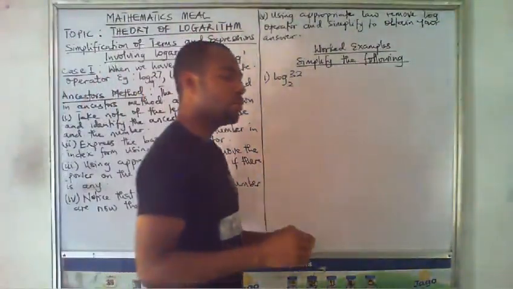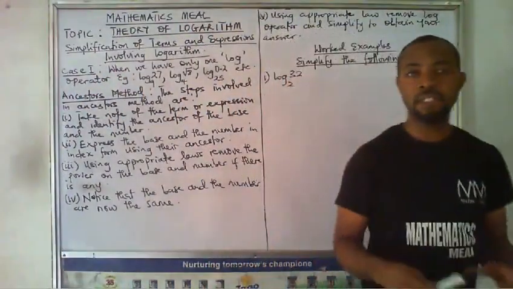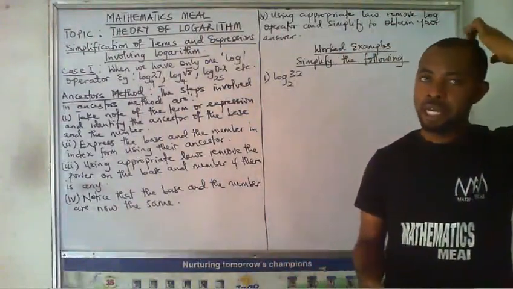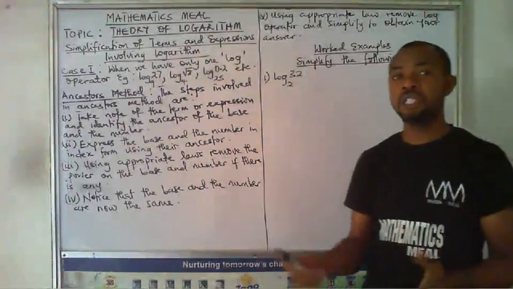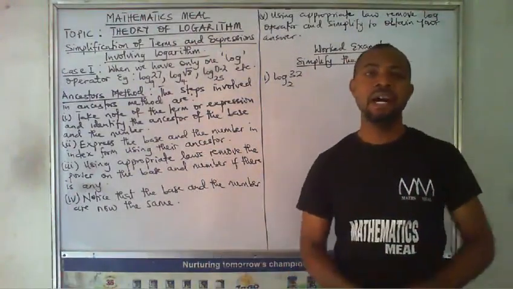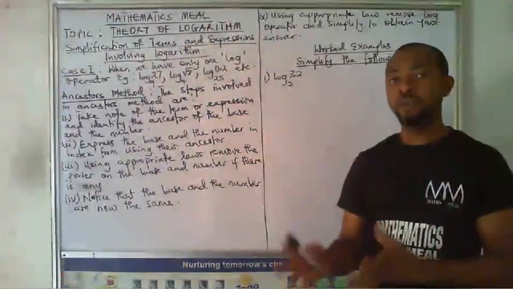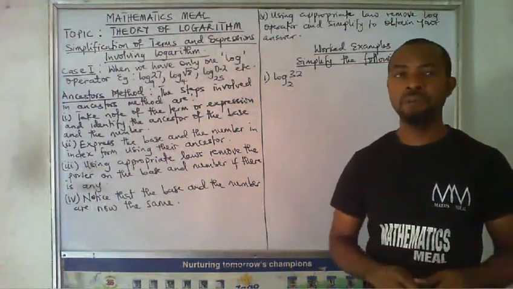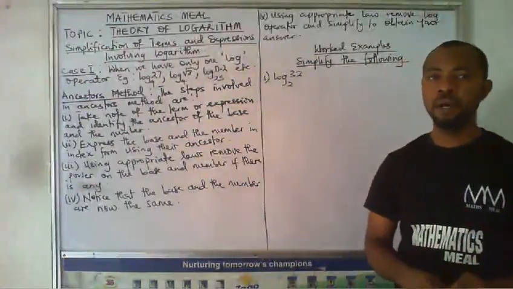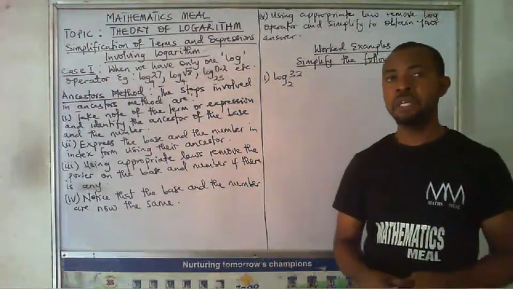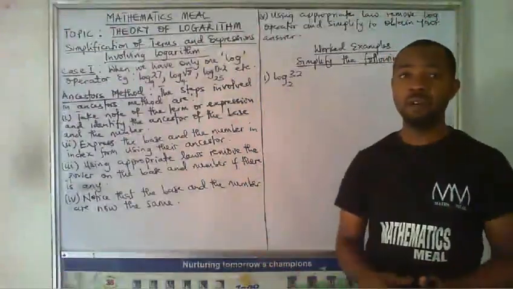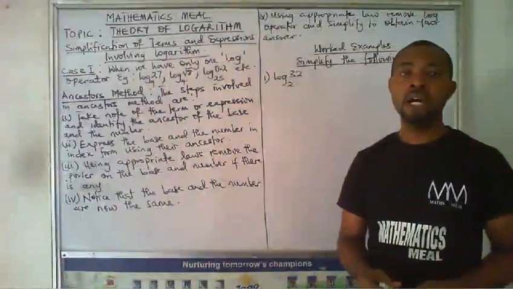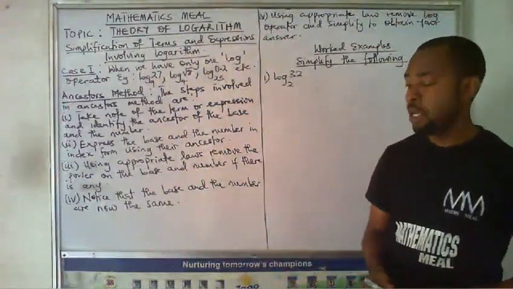I gave a general rule last time: decimal fractions should be expressed as vulgar fractions, and mixed numbers should be expressed as improper fractions. Also, the square root of any number is that number raised to the power of 1/2, that's power of half. These general rules are also applicable to the ancestors method, not just the indices method alone.